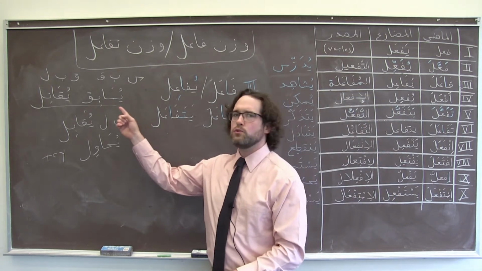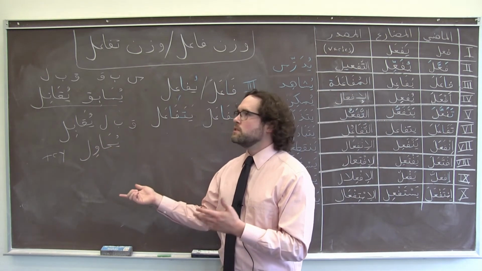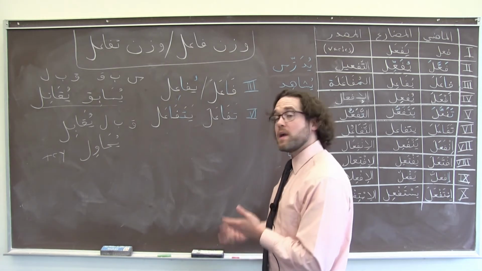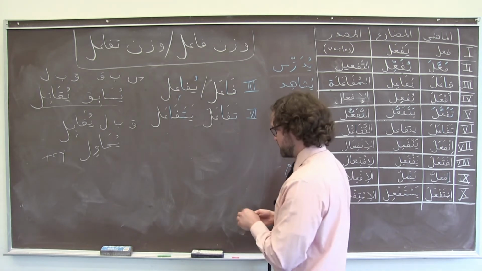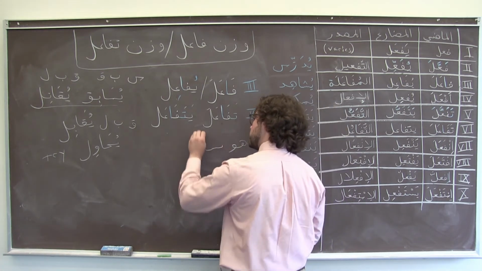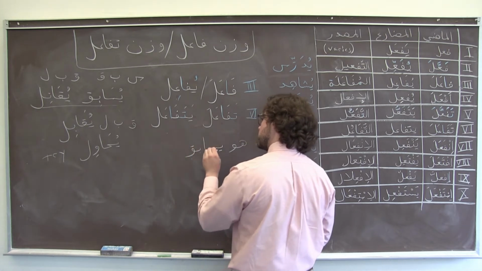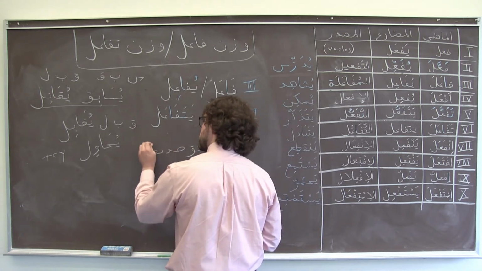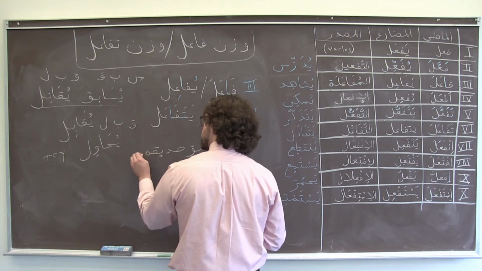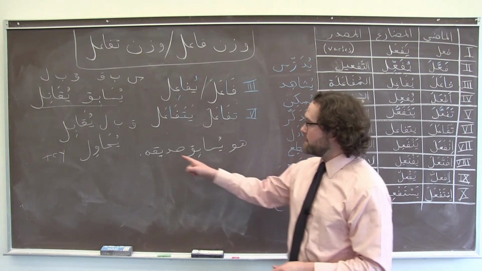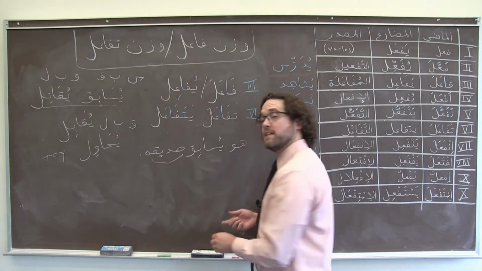If we said هو يسابق صديقه مثلا, he races his friend, in a case like that, يسابق is the verb and then صديق is the object. Who is he racing? His friend.